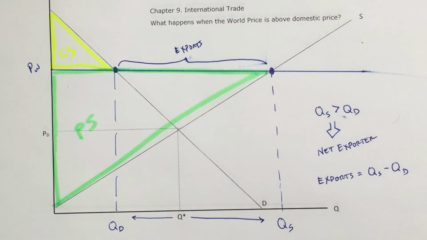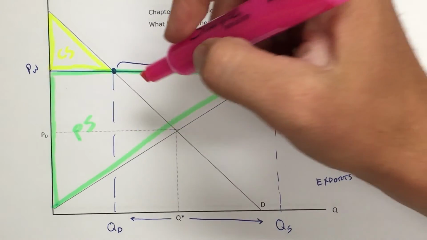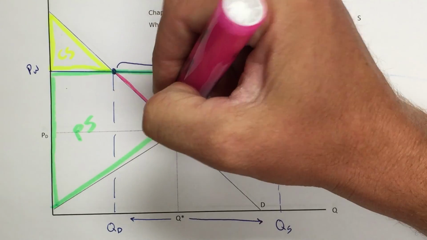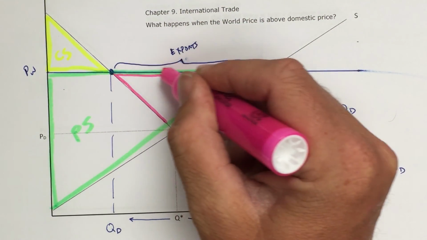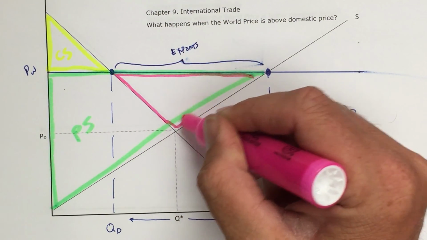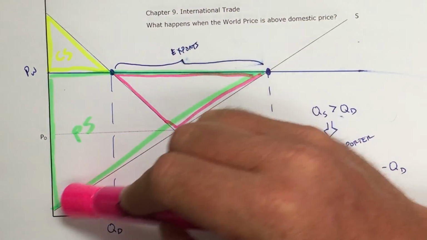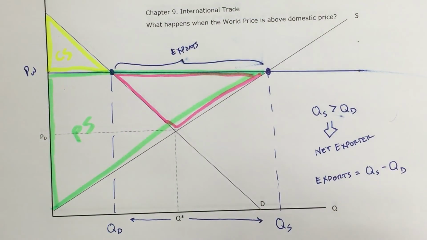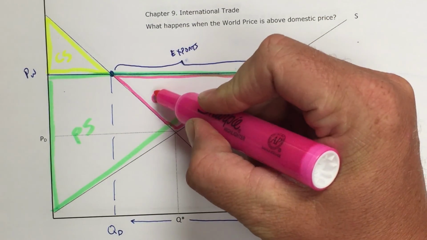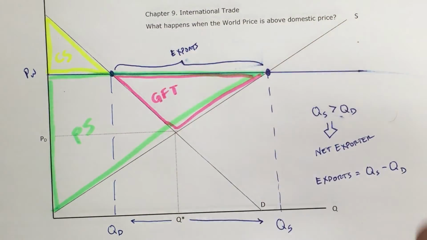And notice now we have this area right here, this triangle, which wasn't in the original triangle of total surplus. This is what we call the gains from trade.